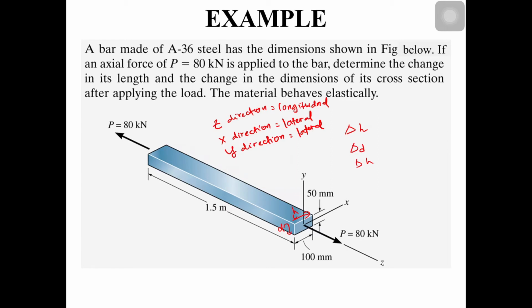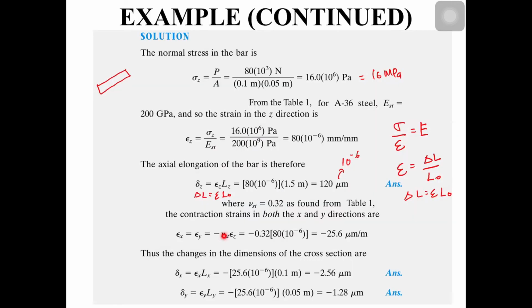So remember the Poisson ratio formula is epsilon lateral over epsilon longitudinal, with a minus sign. So nu equals epsilon x over epsilon z, and also nu equals epsilon y over epsilon z.